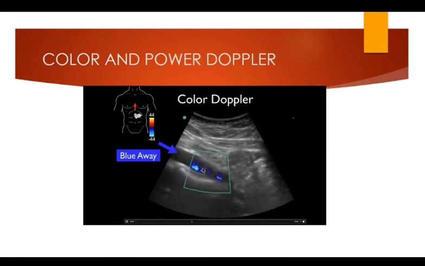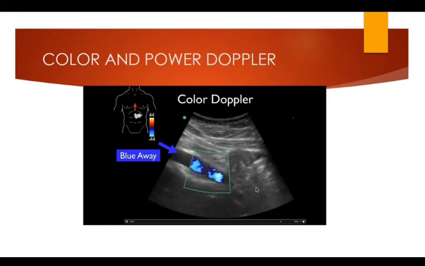Now, this blood flow is traveling away, or traveling deep down at this angle away from the probe. So the probe sits here and it's traveling down and away. So we get the blue color flow put on there. And this is important that you remember that red and blue have nothing to do with which vessel it is.